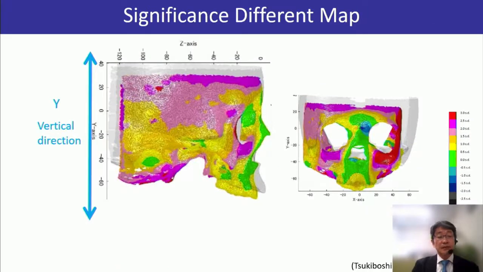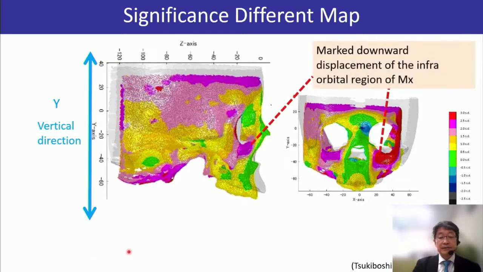And this figure is also a significant difference map, but in the Y-axis. Y-axis means vertical directions. The pink color here indicates the marked downward displacement of the infraorbital region of the maxilla.